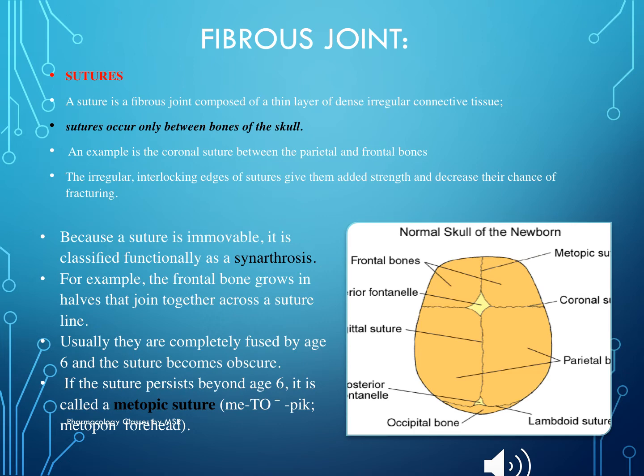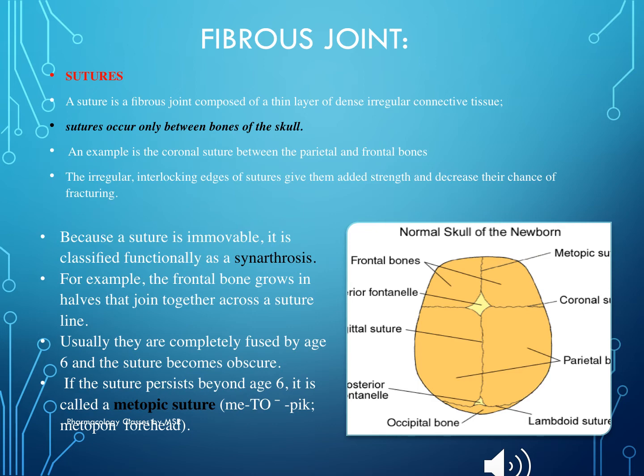Immovable indicates synarthrosis. All the sutures come under synarthrosis, with no movement. They have irregular interlocking edges so that they increase the binding of the joints and prevent the chances of fractures.